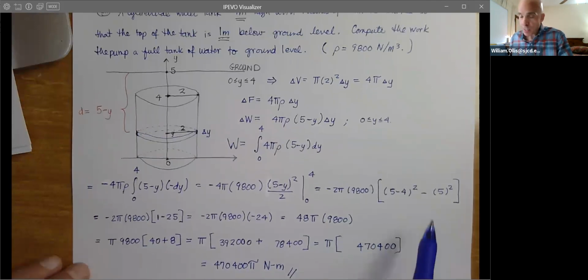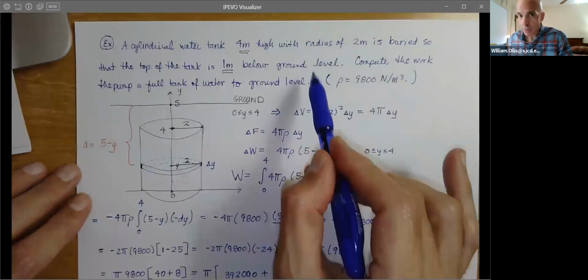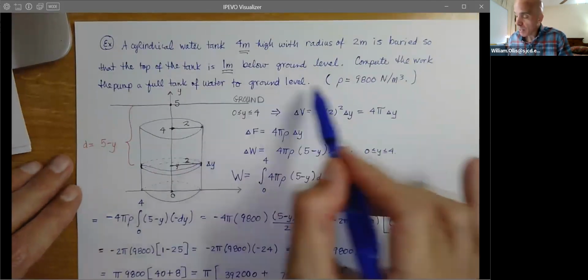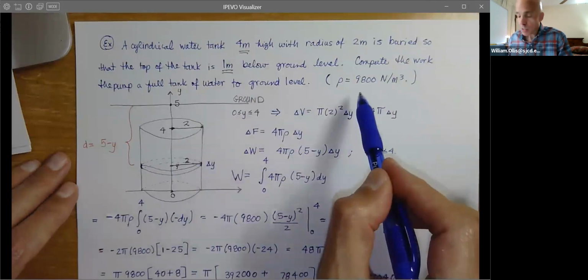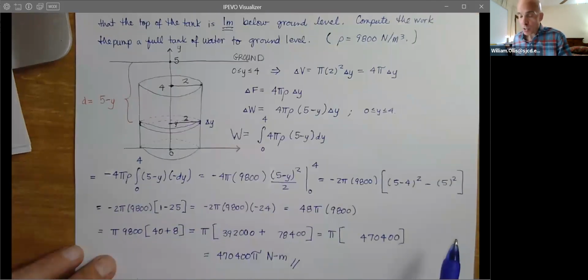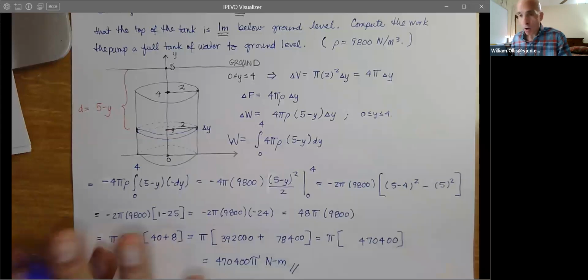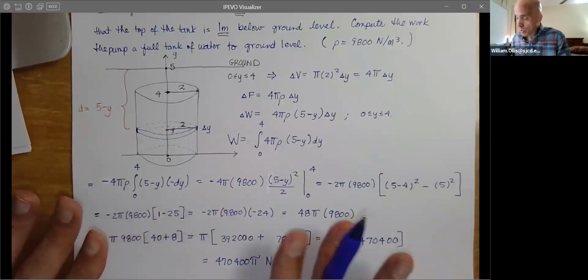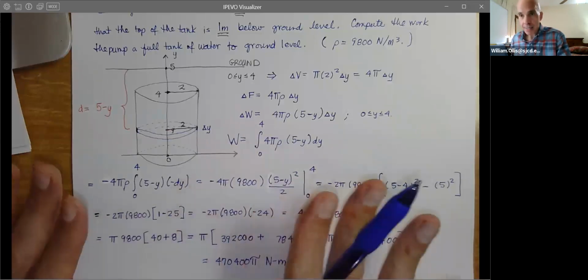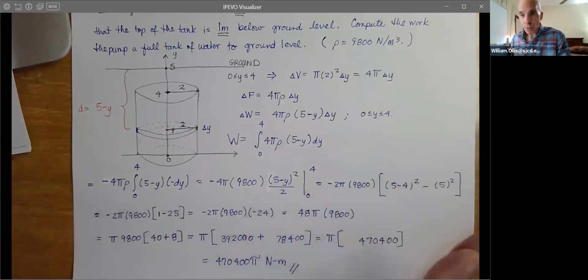Again, this is pretty much a paraphrasing of the WebAssign problem. In no place do they say approximate. So all of your answers are assumed to be exact. You take that for anything that we do in this class. All of the answers or responses are given as exact unless otherwise requested.